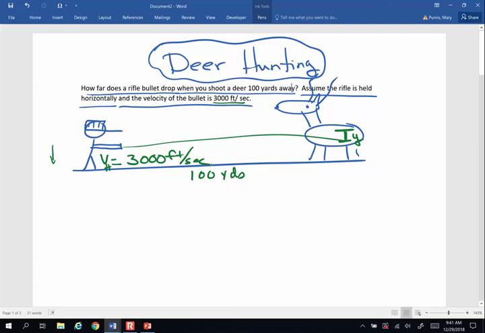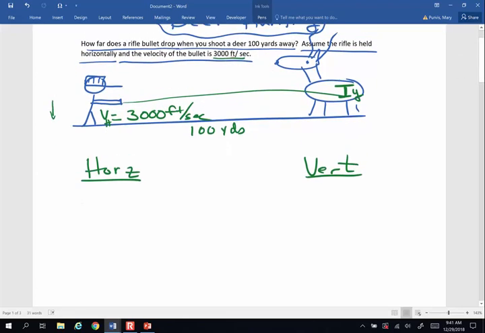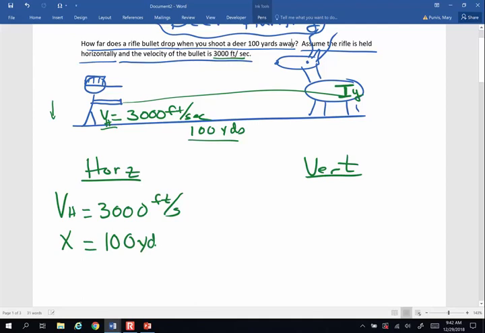Here's how you handle projectile problems. If you have a projectile, always take your horizontal information and your vertical information and put it in two separate columns. So in the horizontal side, I have a horizontal velocity of 3,000 feet per second. And I know that the bullet is going to have a horizontal displacement of 100 yards.